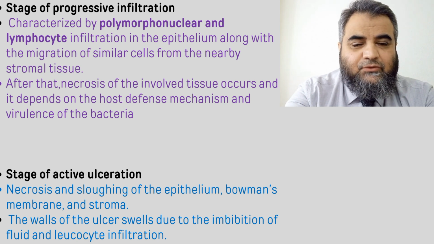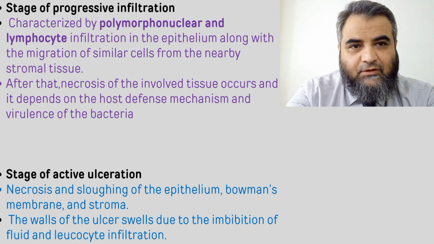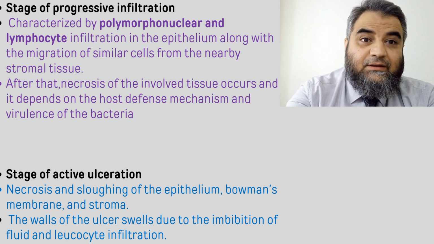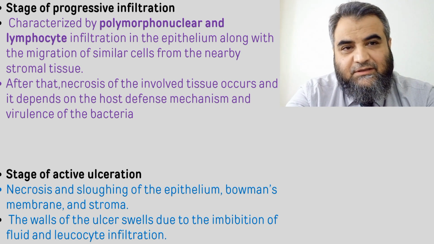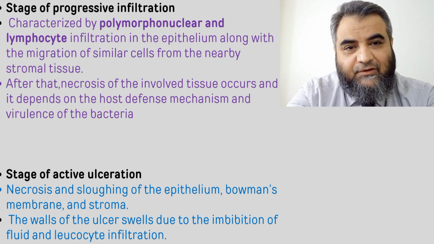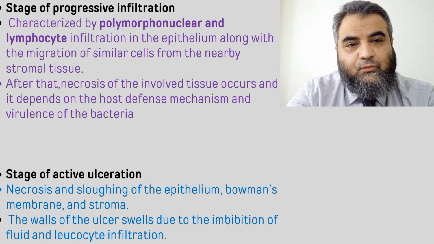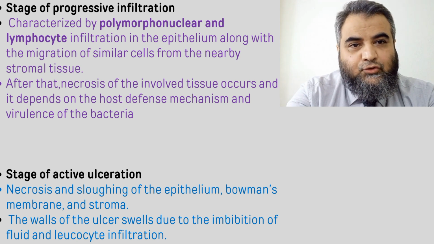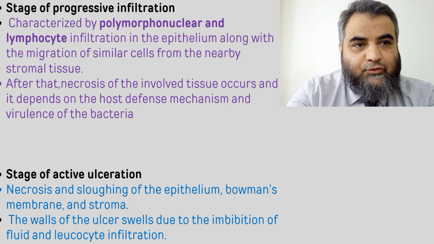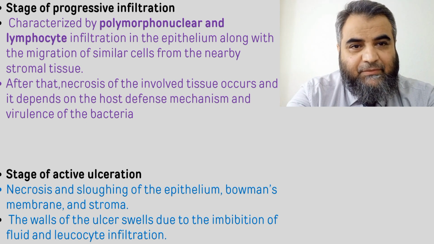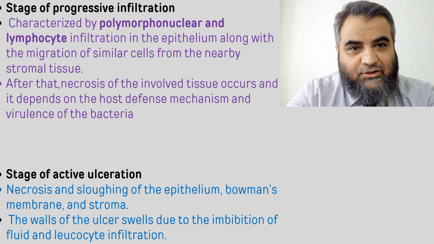So now we come towards the different stages of corneal ulcer. The first stage of the corneal ulcer is called the stage of progressive infiltration. It is the stage when the host mechanism is working over there. The neutrophils, the polymorphonuclears, and the lymphocytes all are migrating along the epithelium, and even from the nearby stroma, they move towards over there to control the inflammation and infection.